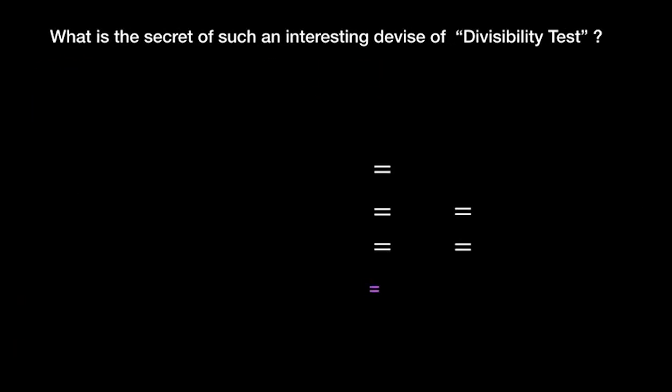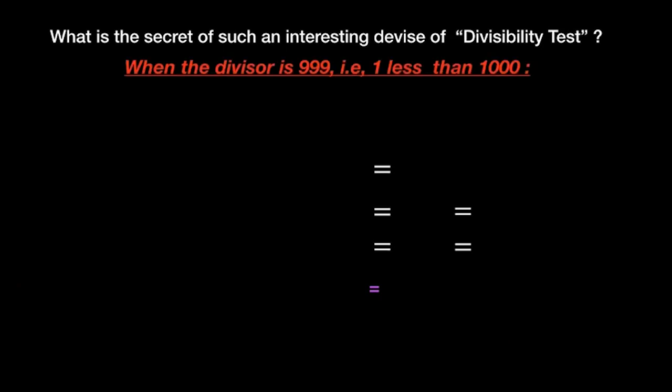Next we can consider the divisibility for 999. It is 1 less than 1000. So here we have to express the number in the form of 3-digit blocks from the right side, as a summation of various powers of 1000 multiplied with the 3-digit blocks from the right side.